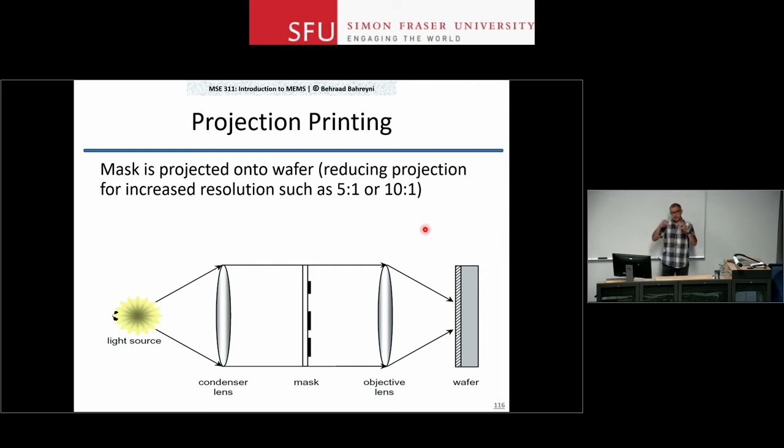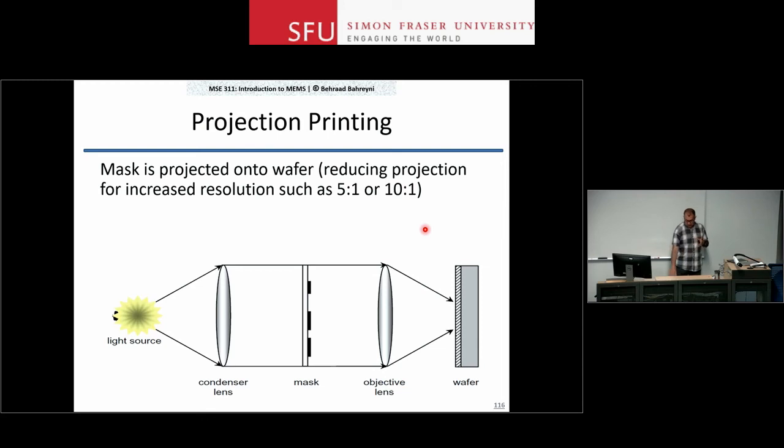So project an image of the mask onto the wafer, but we have an objective lens here that reduces the feature sizes. So if you have, let's say, 10 micron features on your mask, we go through a 5:1 or 10:1 reduction, and the 10 micron feature on the mask is going to be translated onto a 1 micron feature on your wafer.